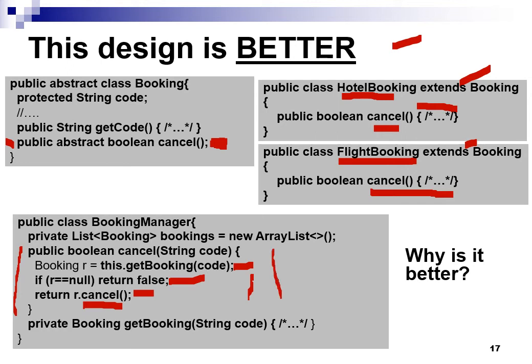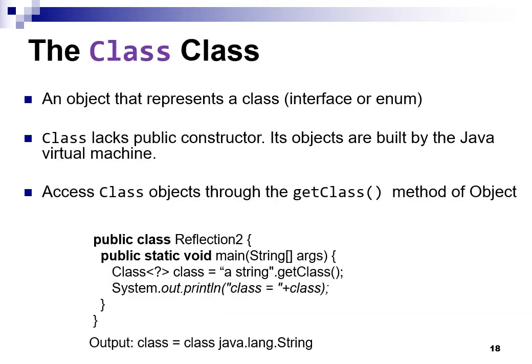If I would have the other design, I would need to go into all the rest of the program, to look where I need to change in response to adding this new class. So this is a much better design. So please don't do the other design ever.